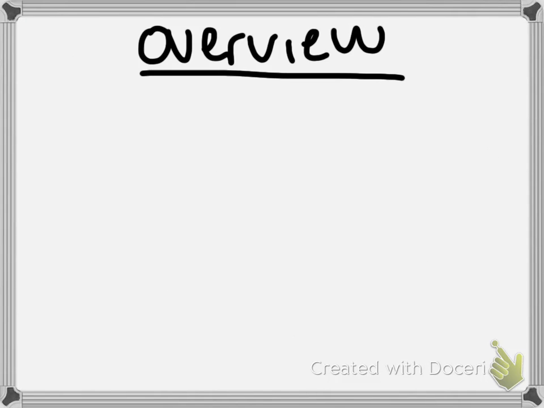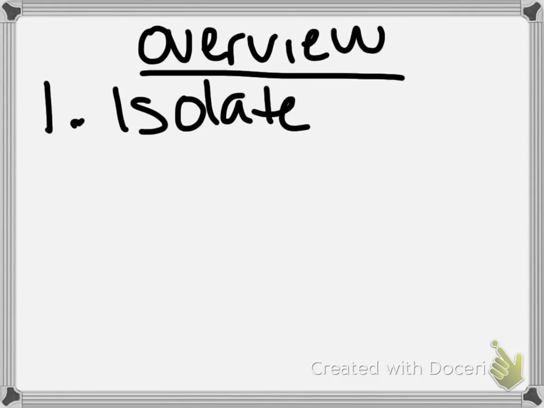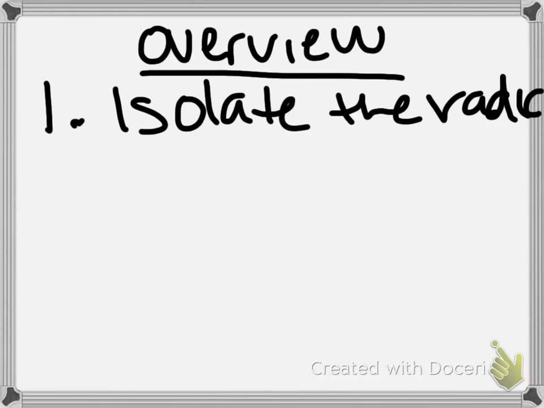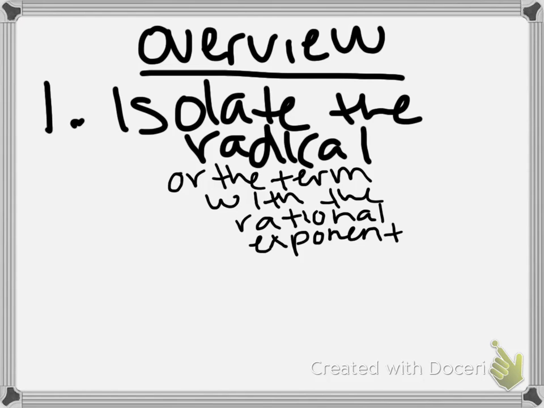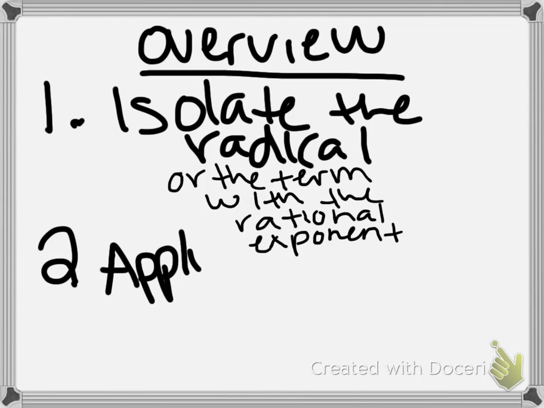Now to do an overview, I'm just going to write out all of the steps that you need to follow when solving any radical equation. First, you must isolate the radical. Then you must apply the inverse operation.